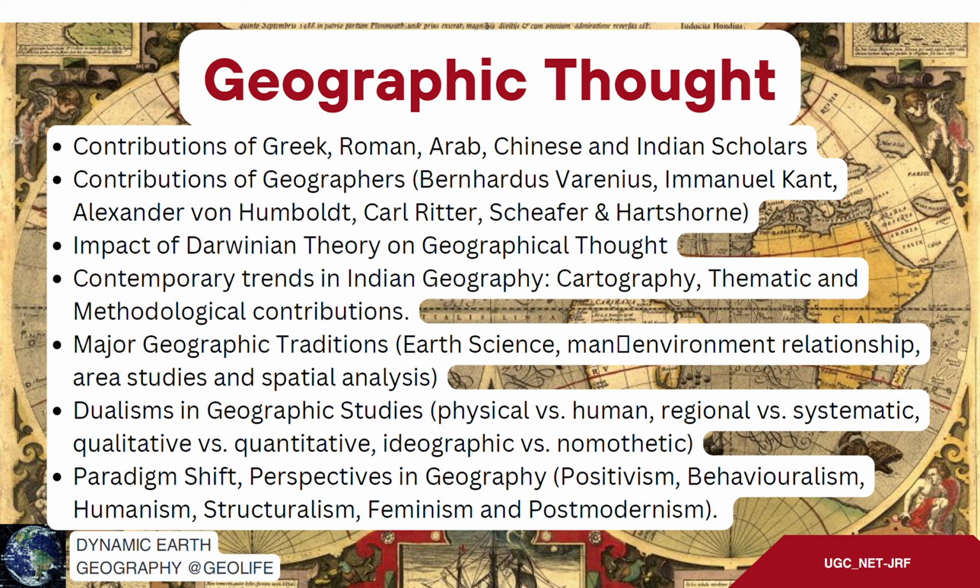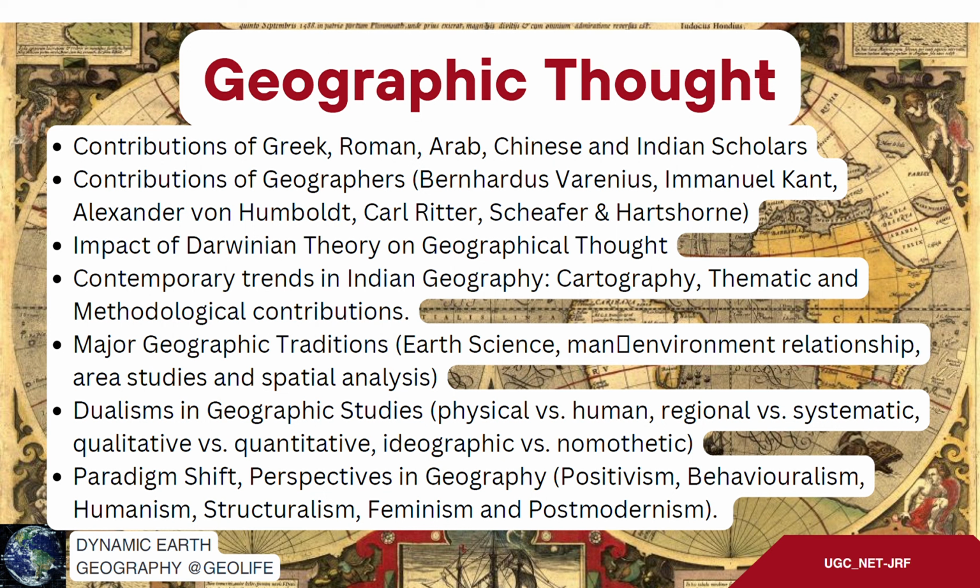So geographic thought comprises the contribution of Greek, Roman, Arab, Chinese and ancient Indian scholars. Then contribution of important geographers like Bernhardus Varenius, Immanuel Kant, Alexander von Humboldt, Carl Ritter, then Schaefer and Hartshorne.